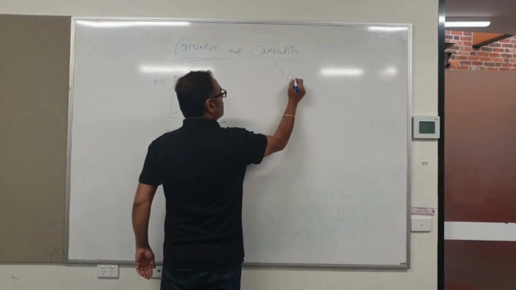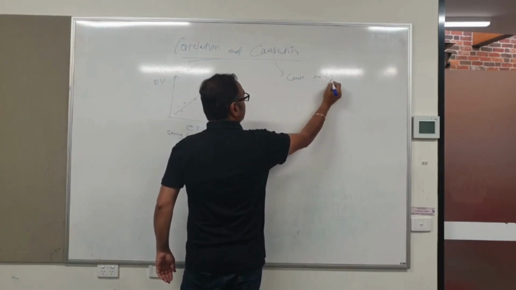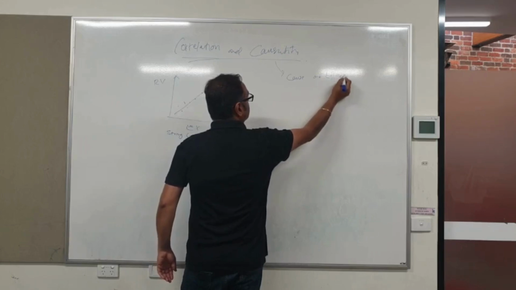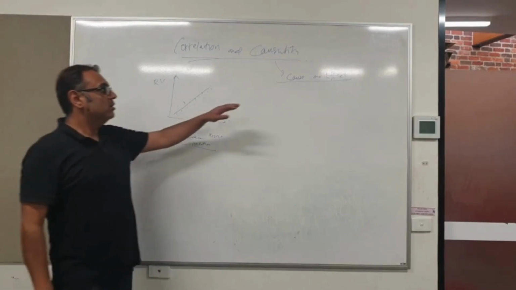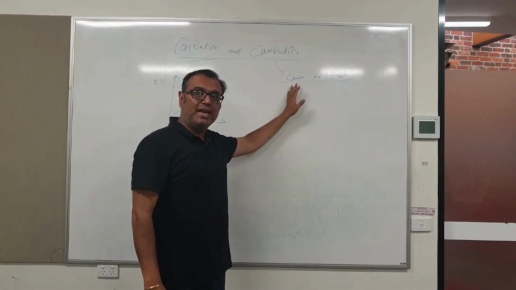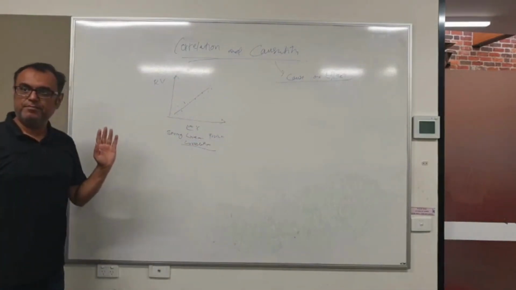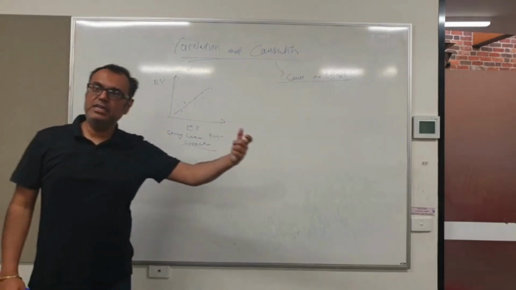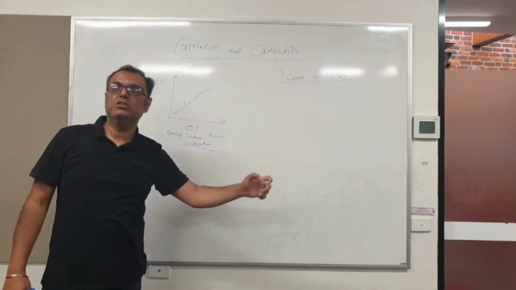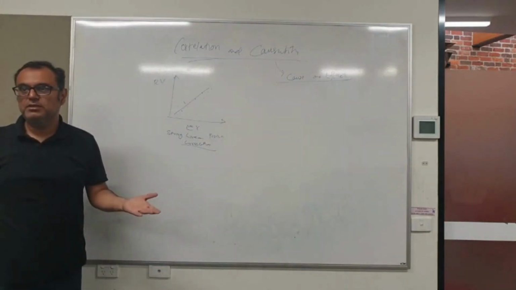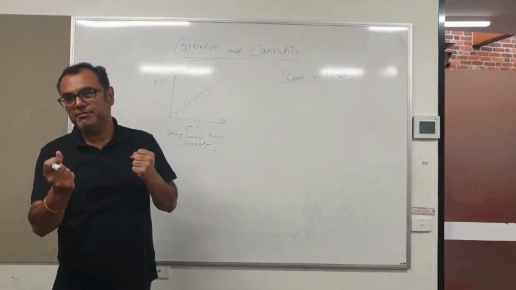Causality means, as you said rightly, cause and effect. Something caused and had an effect. So, for example, height and weight. Height increased, weight increased. Height decreased, weight decreased. So they have a proper causality between them, a cause and effect.